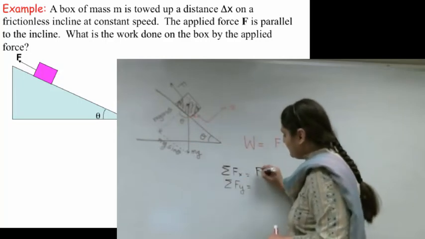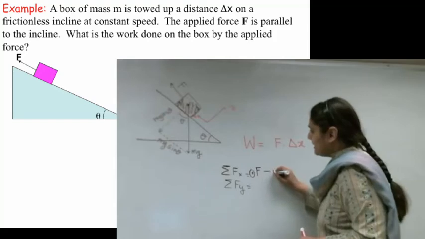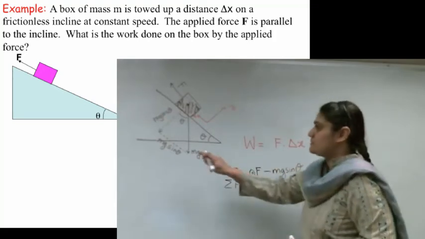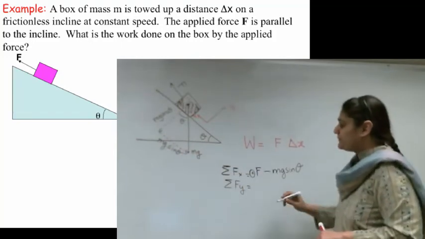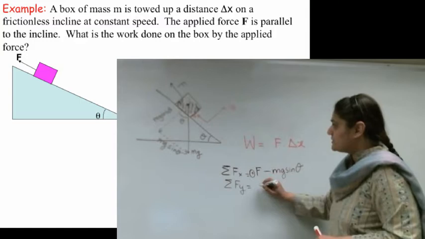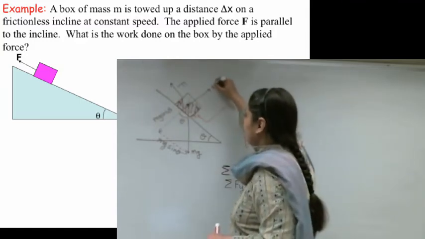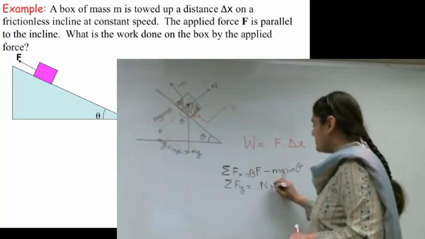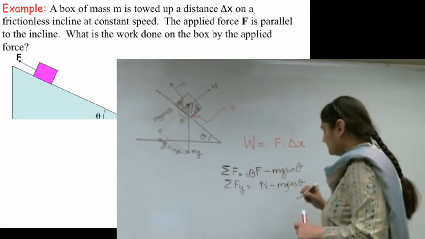So I have an F, which is positive because of my chosen x, and I have a minus mg sine theta, which is because this points that way, head to tail rule. And sigma Fy is going to be, I have a normal. I totally forgot about that. So a normal that's directed upwards minus mg cosine theta.